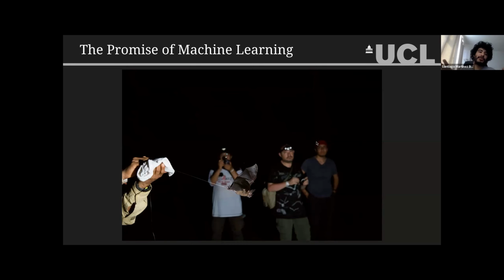So what I'm going to talk to you about is, in general, different problems I've tackled throughout my PhD and how machine learning has helped me in each of these challenges.